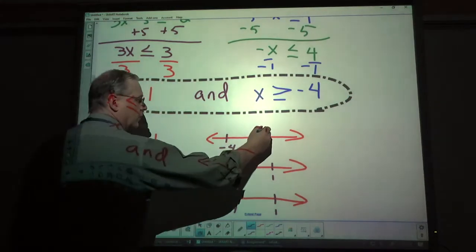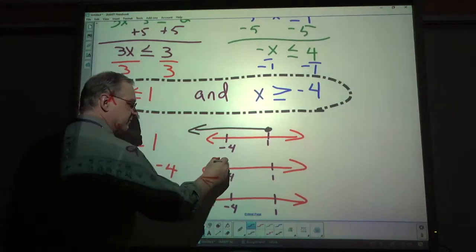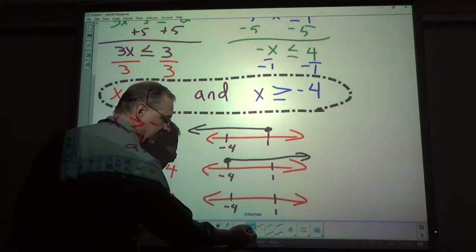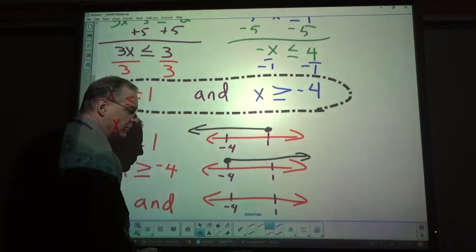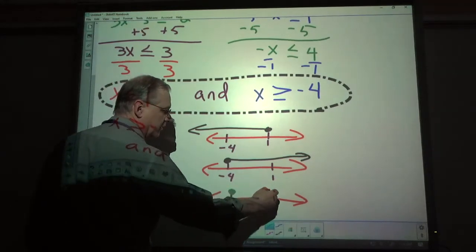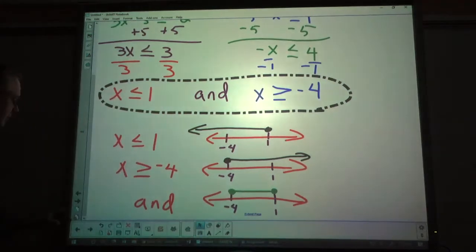Less than or equal to 1, solid dot arrow left. Greater than or equal to negative 4, solid dot arrow right. Where do they overlap? These only overlap between negative 4, positive 1, including the endpoints. And that would be your answer in this problem.